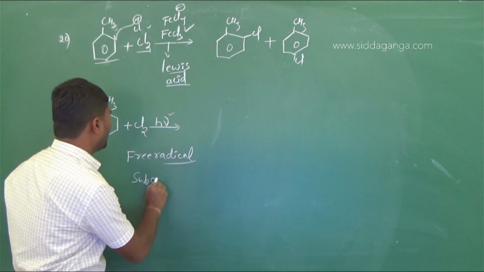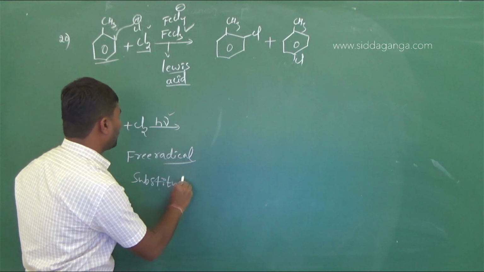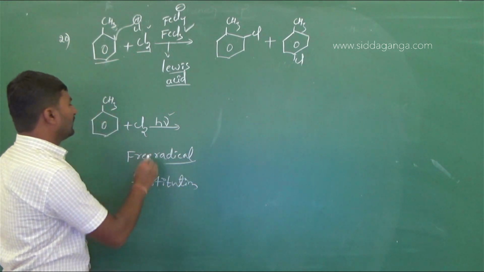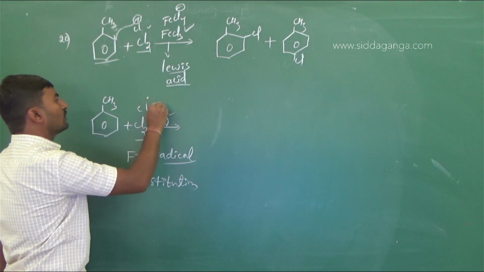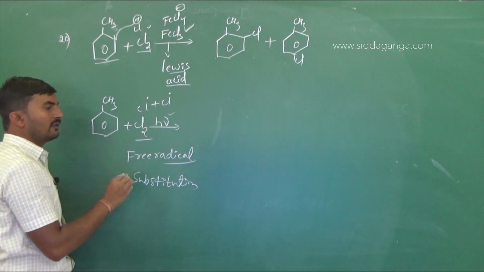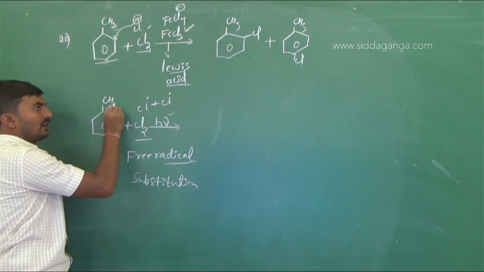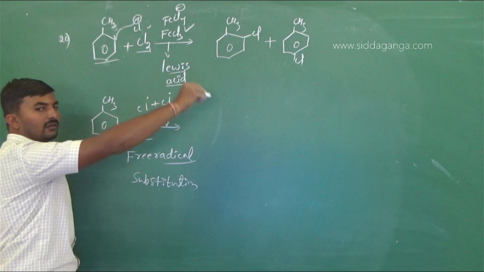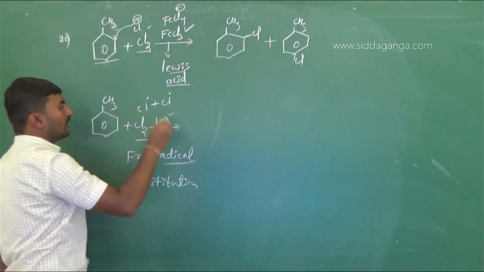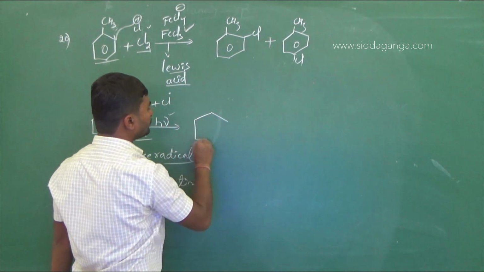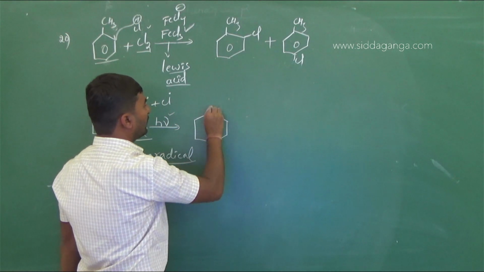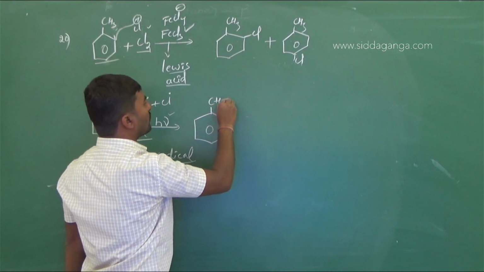Here free radicals are generated: one H radical and one Cl radical are removed as HCl, and it becomes CH2Cl.